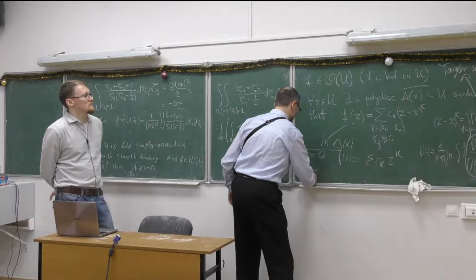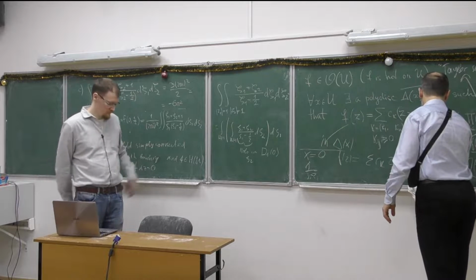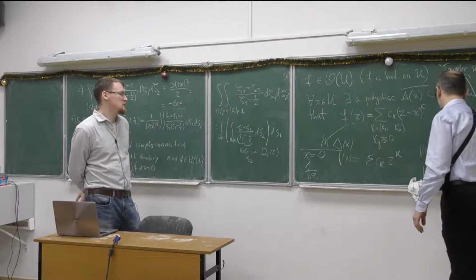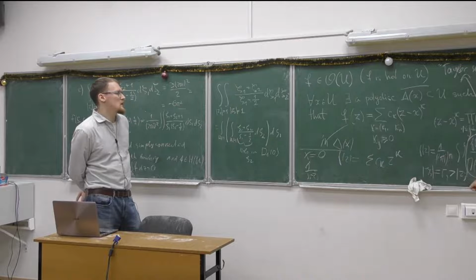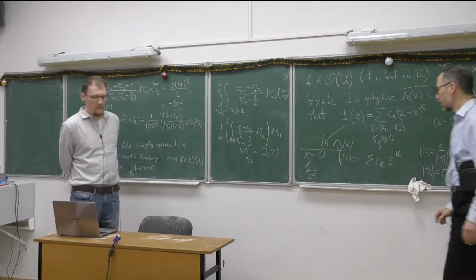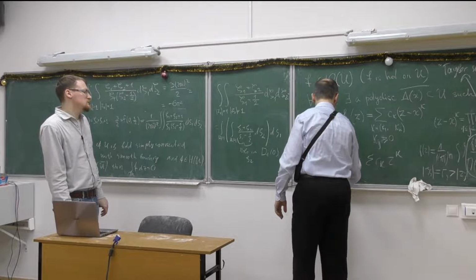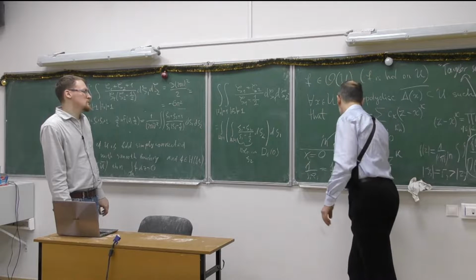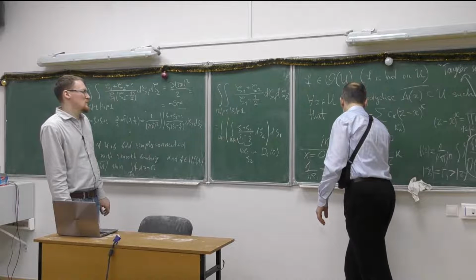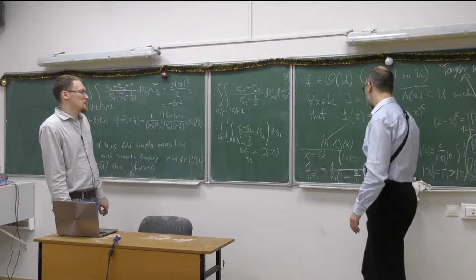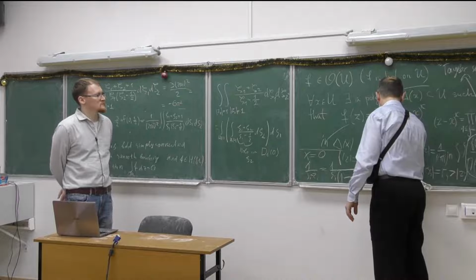Consider 1 over (zeta_j minus z_j). We know that the modulus of zeta_j is equal to r_j, and it is strictly bigger than the modulus of z_j. That's important. Next, we can write 1 over zeta_j, and in the brackets 1 minus z_j over zeta_j.